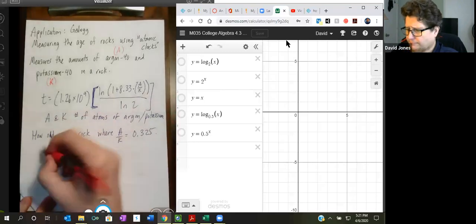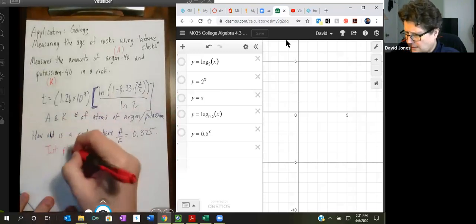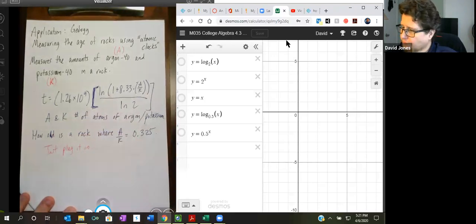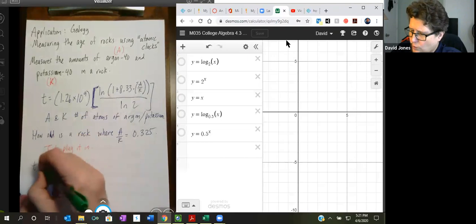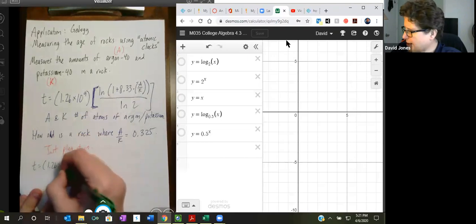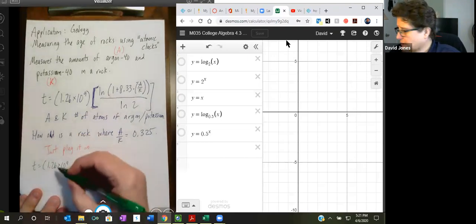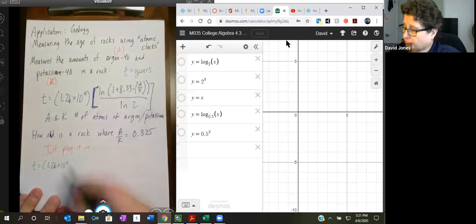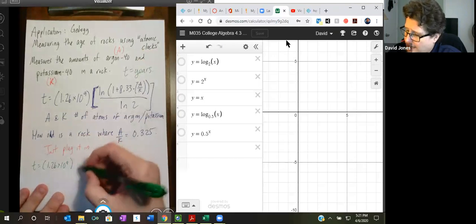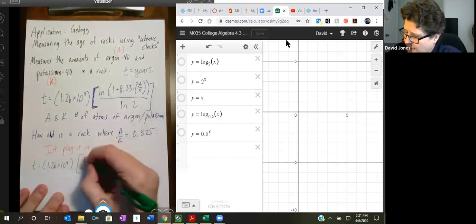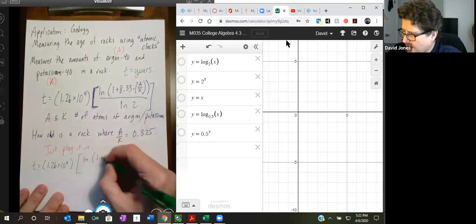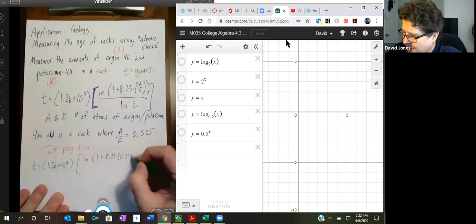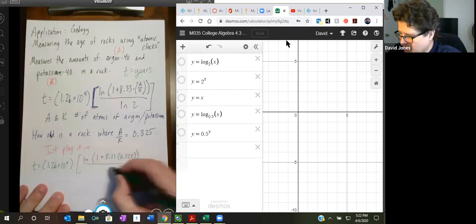Just plug it in. T equals 1.26 times 10 to the 9th, and T is in years, mind you. And then we have the natural log of 1 plus 8.33 times 0.325 all over natural log of 2.